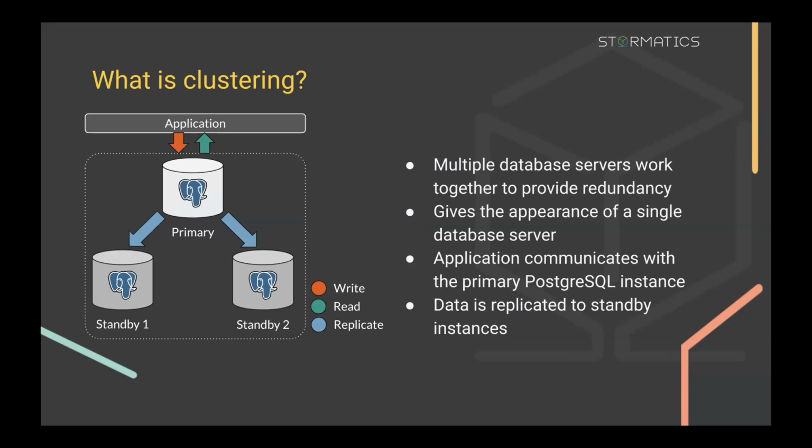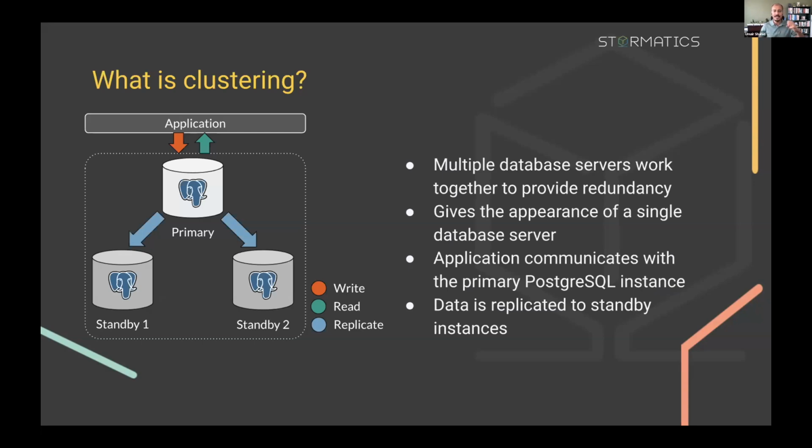The way clustering is implemented in Postgres is that there are multiple database servers that work together to give the appearance of a single server. To the application interacting with the database, it appears like a single server, and internally that cluster manages whatever redundancy needs to be managed.